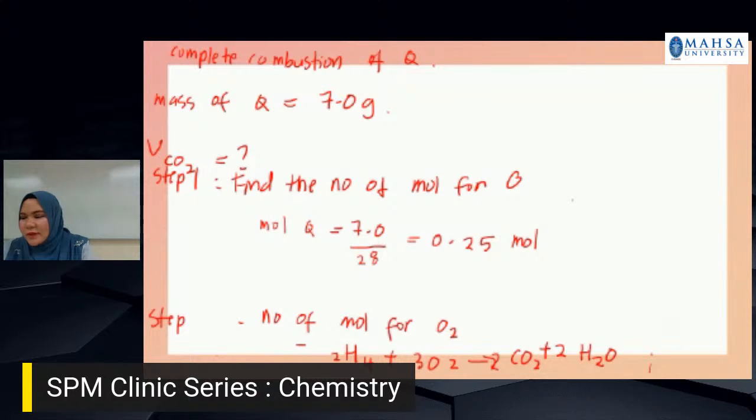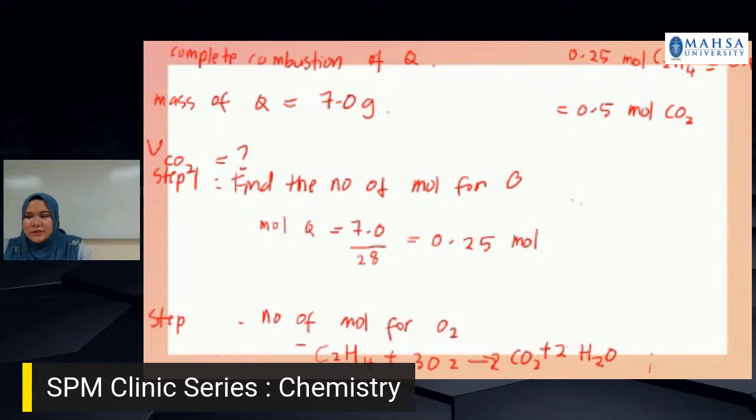So 0.25 mole C2H4 equal to 0.5 mole CO2, which is according to the chemical equation: C2H4 plus 3O2, then you get 2CO2 plus 2H2O.